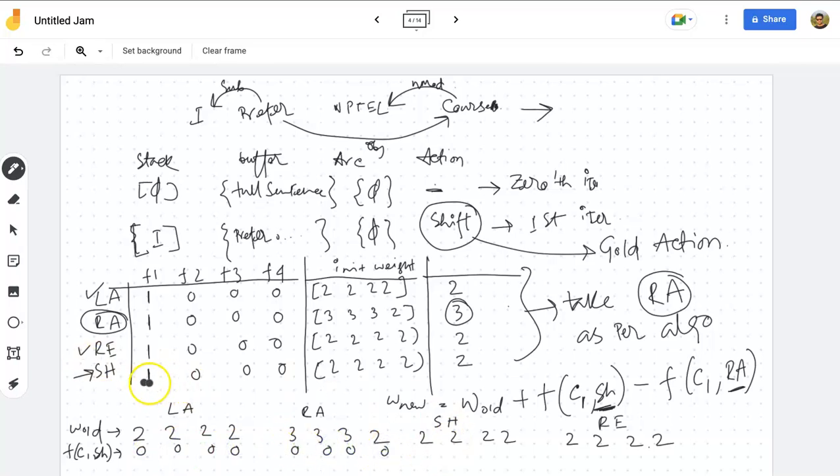Only the shift part will be there, so 1 0 0 0, and the rest will be 0. And what is FC1 right arc? Again the left arc will be 0. The right arc part is 1 0 0 0, and the rest again 0.